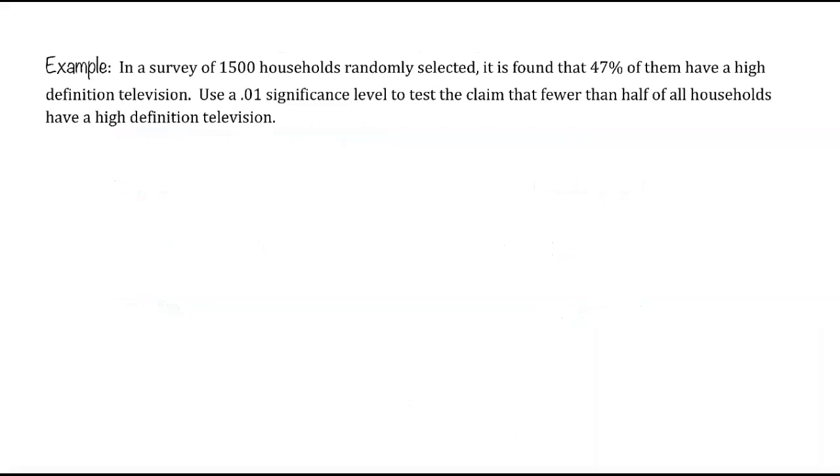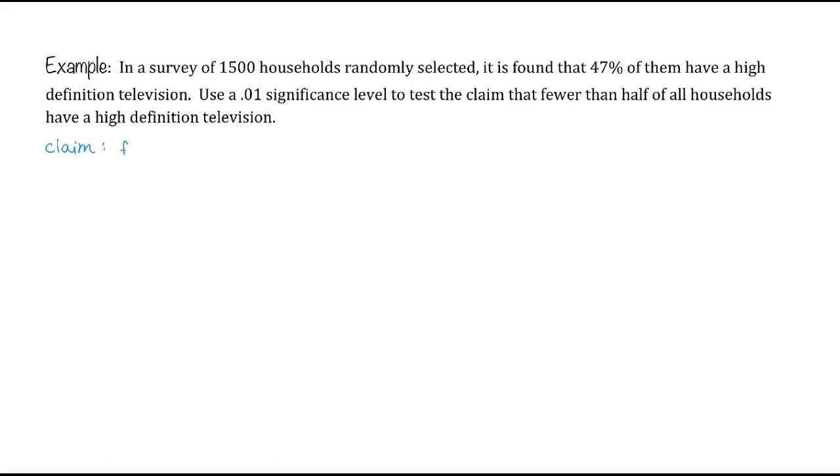In this first example, we are told that in a survey of 1,500 households randomly selected, it is found that 47% of them have a high-definition television. We are going to use a 0.01 significance level to test the claim that fewer than half of all households have a high-definition television. Let's start by identifying the claim.